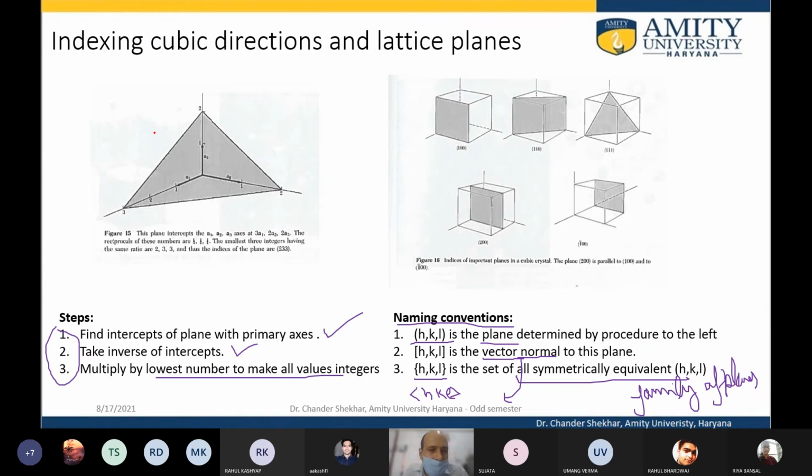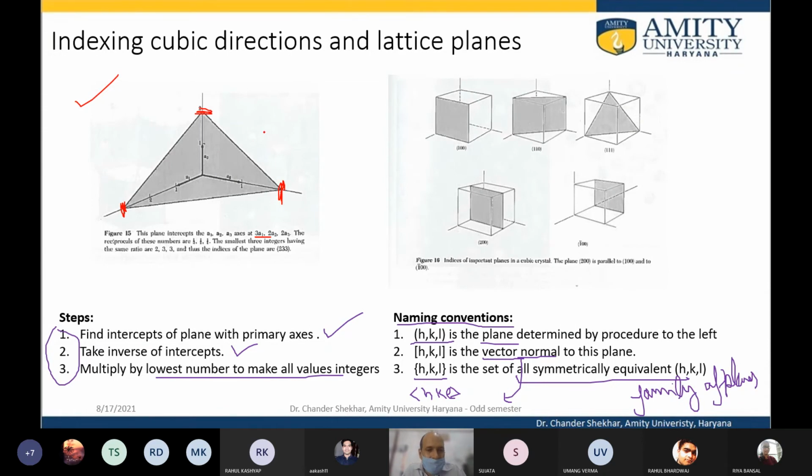Suppose on the left hand side, we are talking about this plane. Along the x-axis it has the intercept at 3, along the y-axis it is intersecting at 2 times the lattice translation vector, and in case of the z-axis, it is 2 times the lattice translation vector.